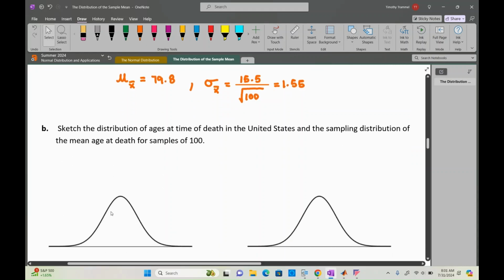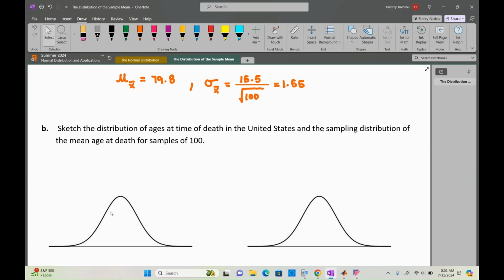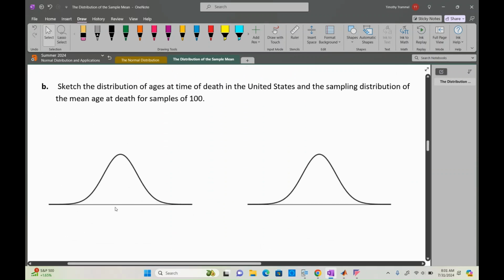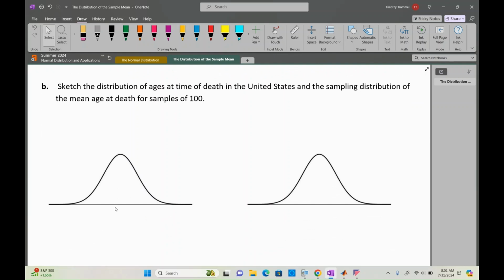All right. And this next example is kind of silly until I actually move us over. But here's the idea. When we are going to be making these sketches, I'll probably sketch the normal distribution almost exactly the same every time because I'm just trying to get a visual of what's going on. Okay.